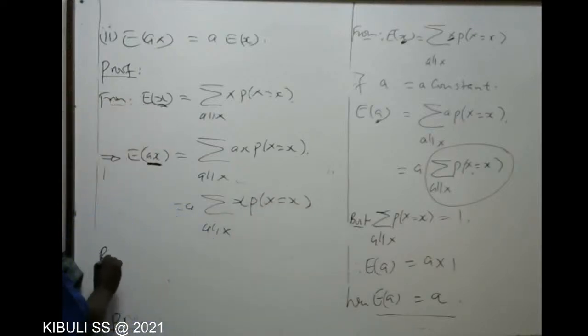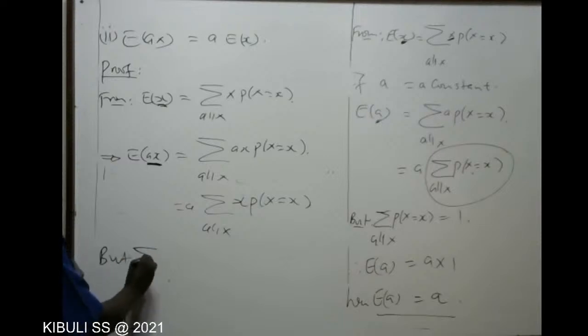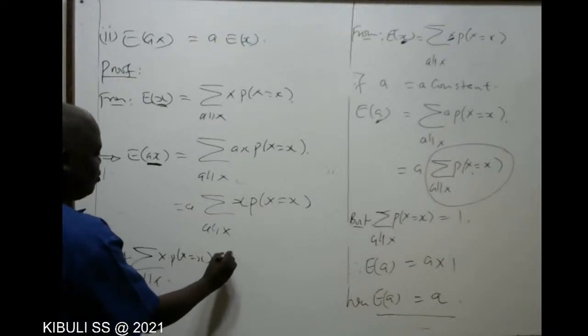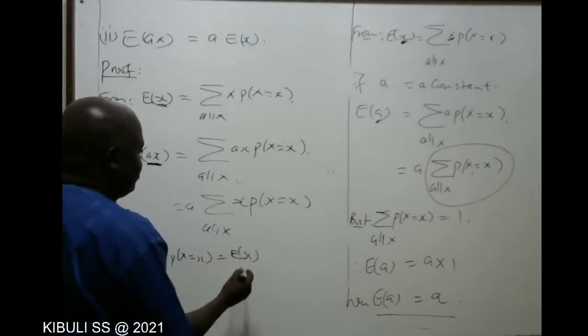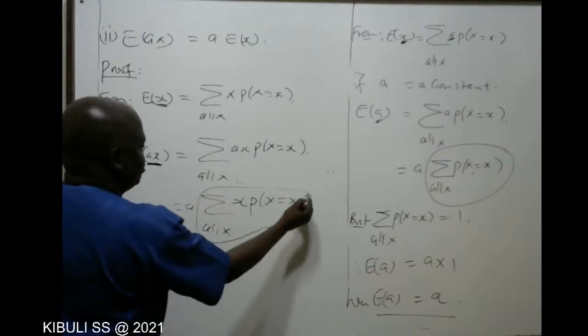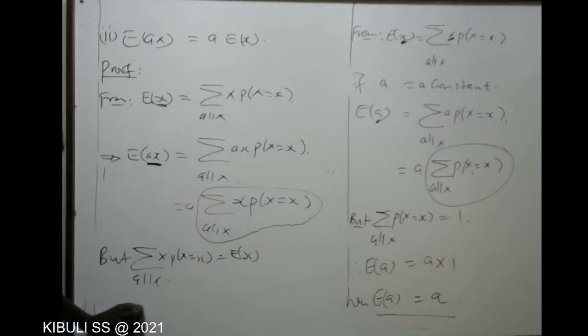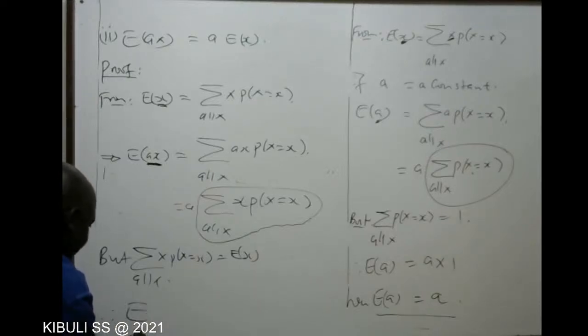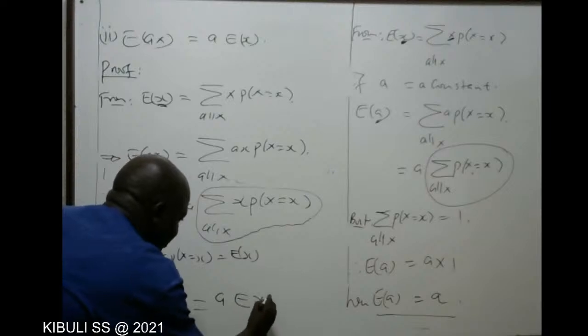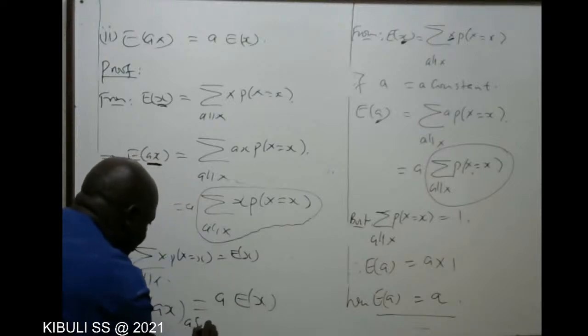But the sum over all x of x times the probability that X equals x is equal to the expectation. You see? So this part here is an expectation. So you can therefore conclude that the expectation of aX shall be equal to a expectation of X, as required.